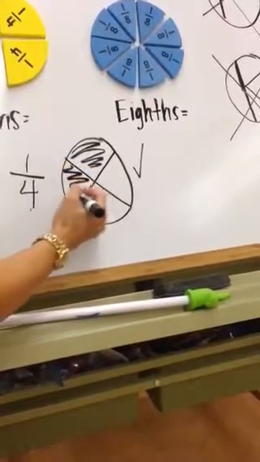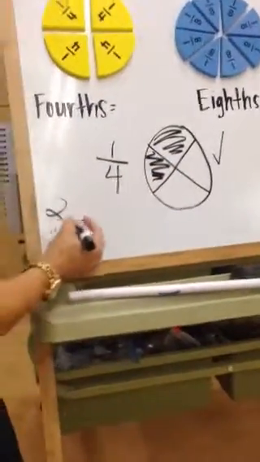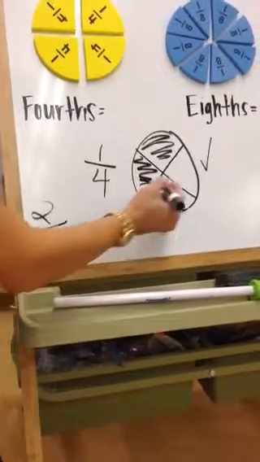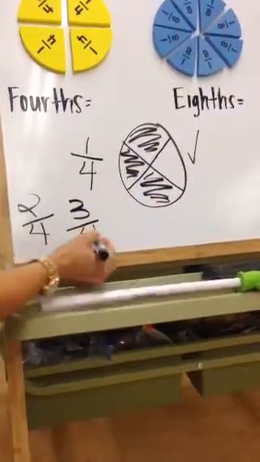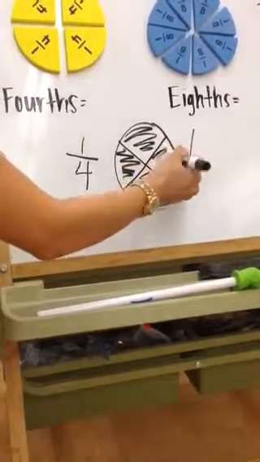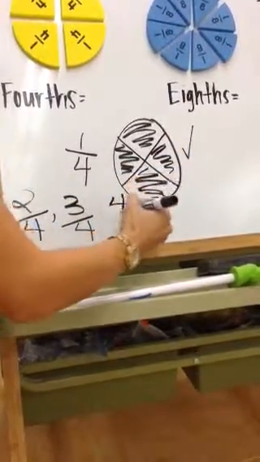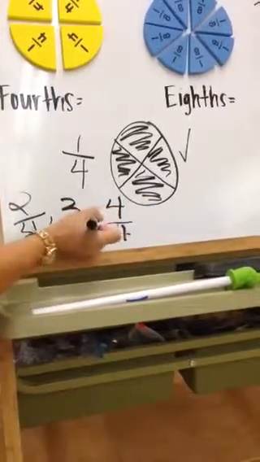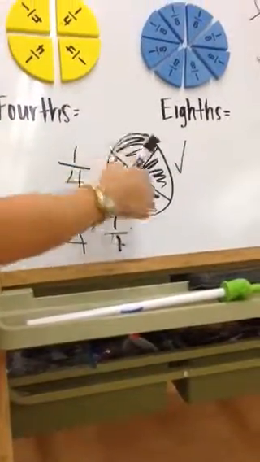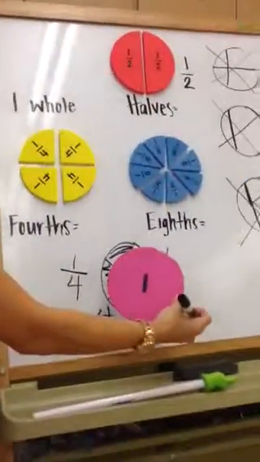If I shaded 2 of these, then we would have 2/4. 3 of these, it'd be considered 3/4. And then 4 shaded parts would be 4/4, which is also equal to 1 whole, like the whole that we had talked about here.